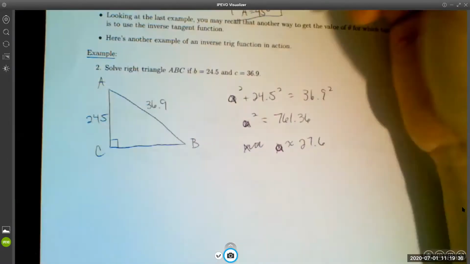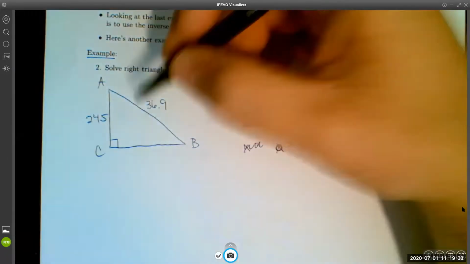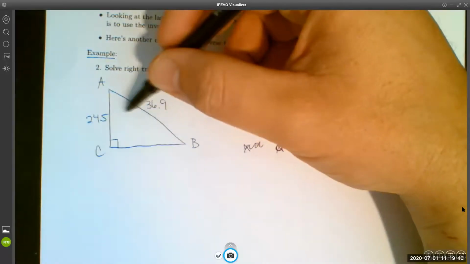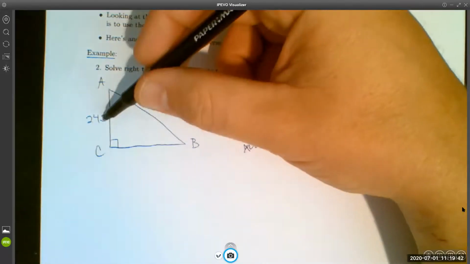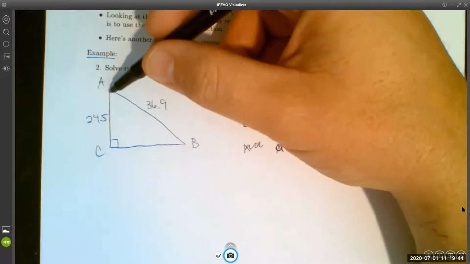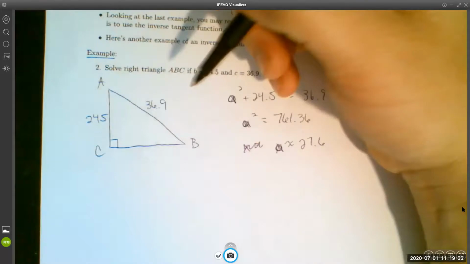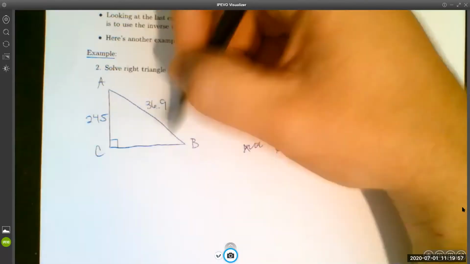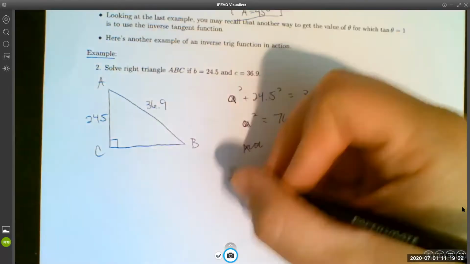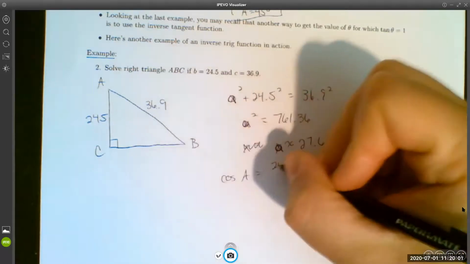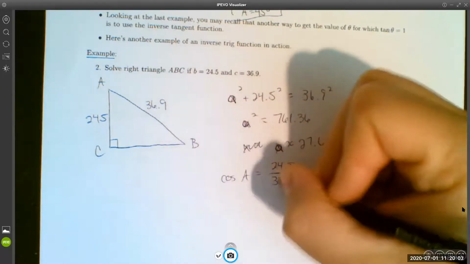Well, we're going to have to do the same sort of thing that we did before. We have to use a trig function that uses this side and this side. So let's say that I want to focus on angle A to figure out what angle A is. I can say cosine A is 24.5 over 36.9, since it's adjacent over hypotenuse.